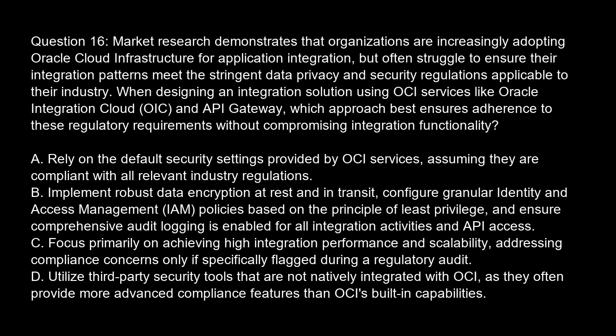Option C. Focus primarily on achieving high integration performance and scalability, addressing compliance concerns only if specifically flagged during a regulatory audit. Option D. Utilize third-party security tools that are not natively integrated with OCI, as they often provide more advanced compliance features than OCI's built-in capabilities.